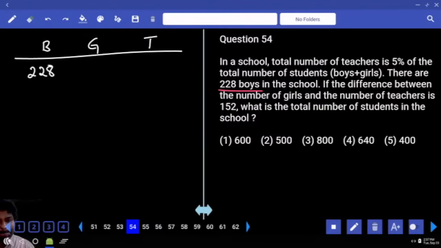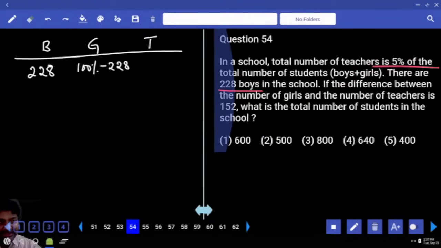Okay now? Let me take total boys and girls together as 100%. The number of girls is going to be 100% minus 228. If boys and girls are 100%, then teachers are 5%.